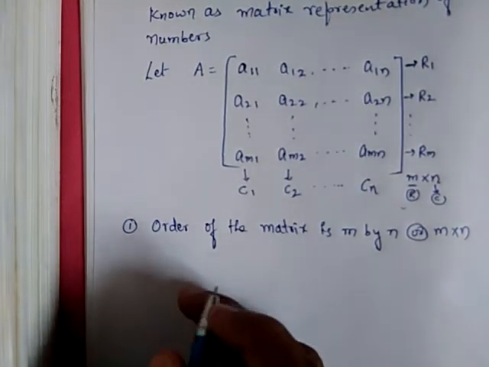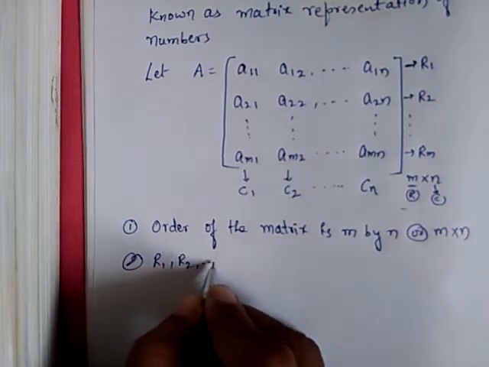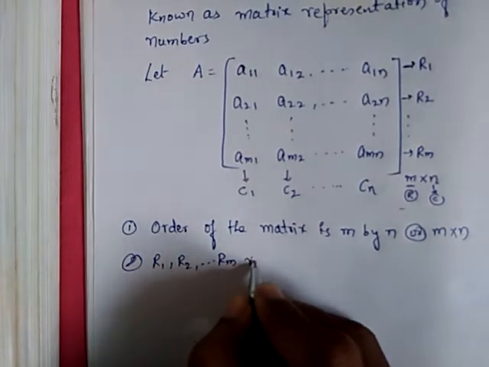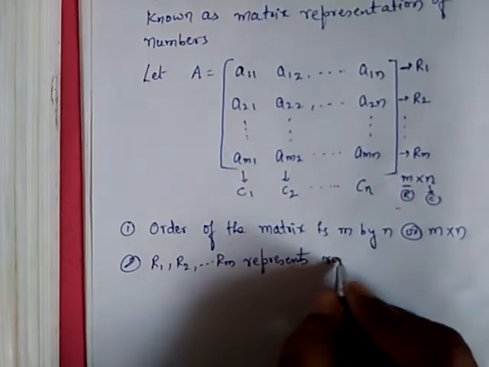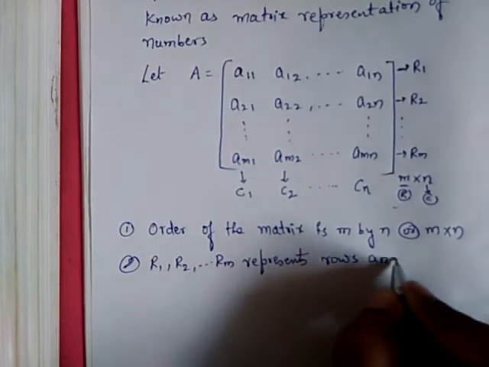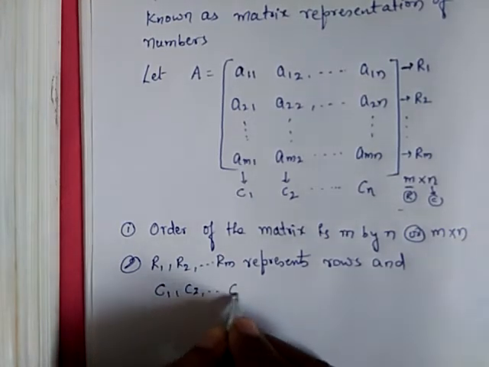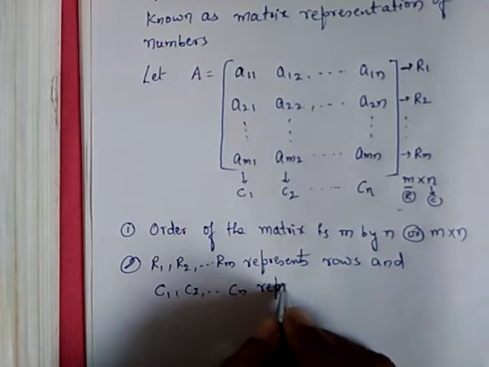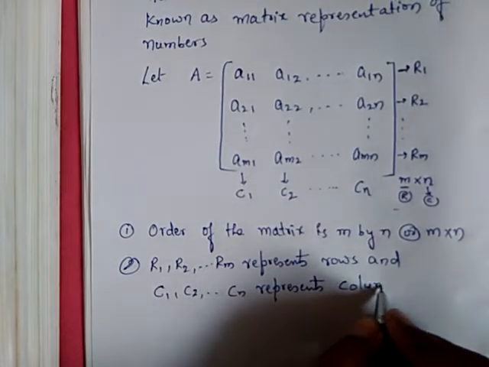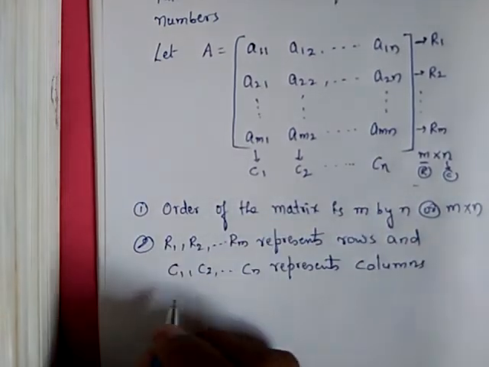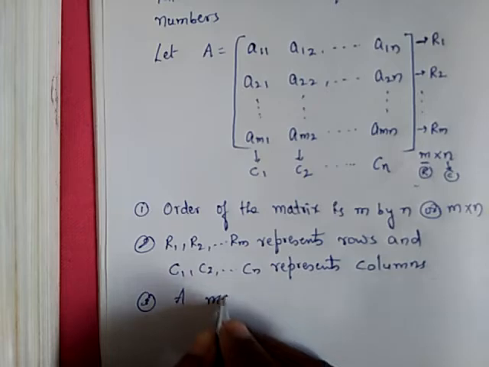Now second one, R1, R2 and so on, Rm represent what? Rows. And C1, C2 and so on up to Cn represent what? Columns. Very good, columns.